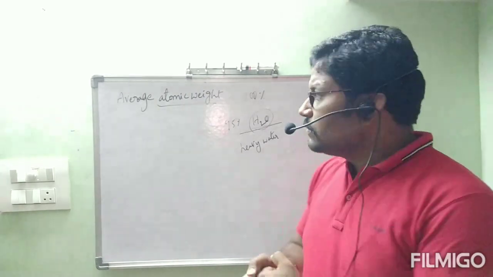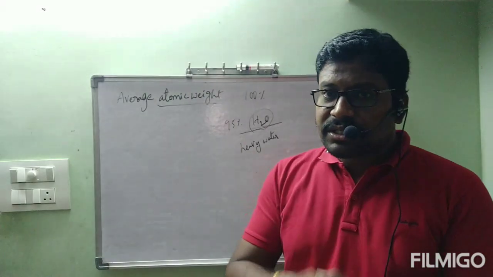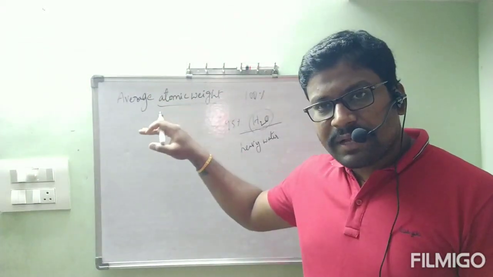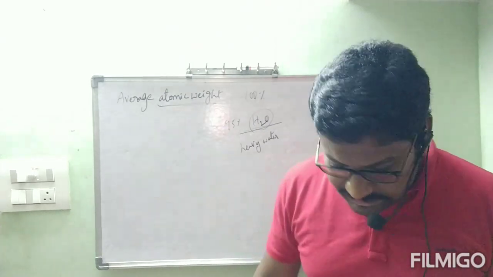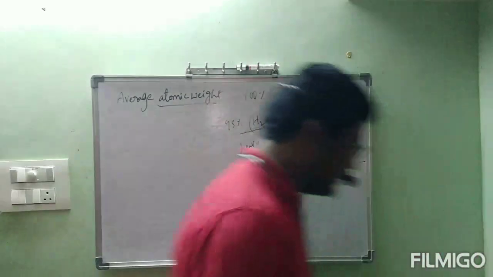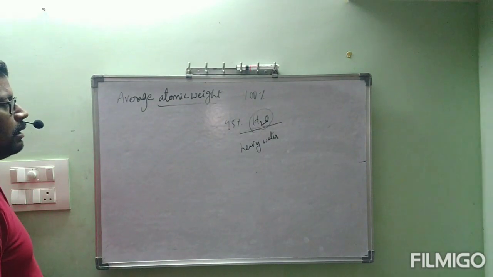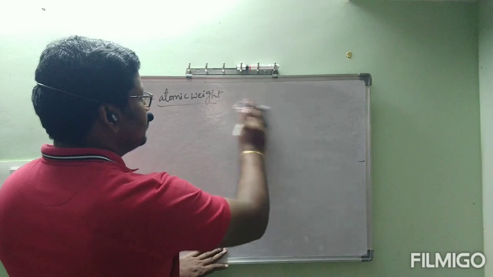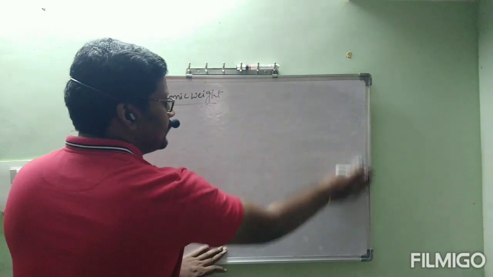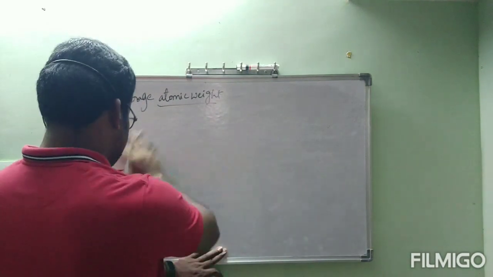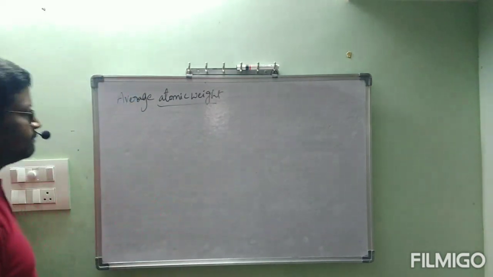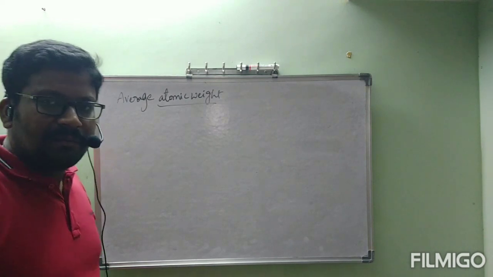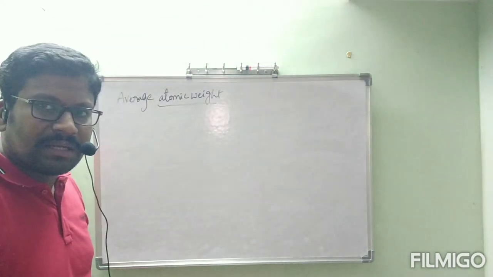Now we will go through what is an isotope. After completion of this isotope, we will come to average atomic weight. Under this average atomic weight, I am keeping the heading isotope. Actually, for this isotope concept, before that we have to know atomic number and mass number also.